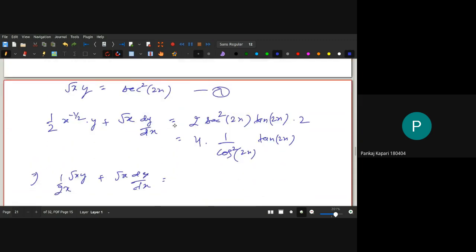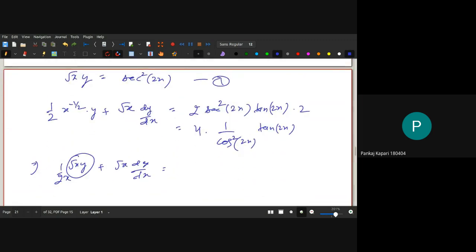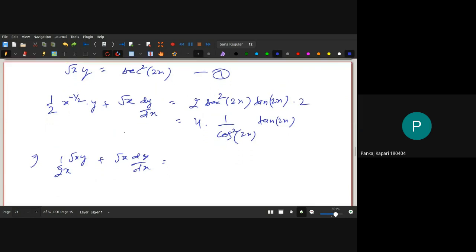Now the root xy, this thing can be replaced from the first equation, which is sec square 2x, and in particular that is 1 over cos square 2x.